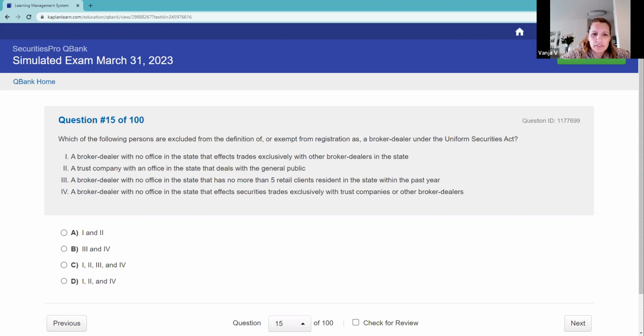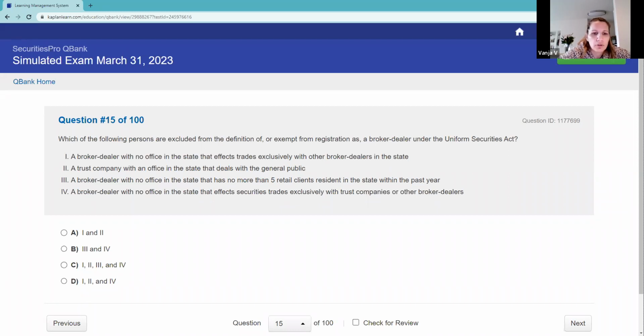C, a broker dealer with no office in the state that has no more than 5 retail clients resident in the state within the past year. It doesn't matter how many clients the broker dealer has. If it has any, they have to register. D, a broker dealer with no office in the state that effects securities trades exclusively with trust companies and other broker dealers. Okay, so it says which of the following are excluded from the definition or exempt from registration.